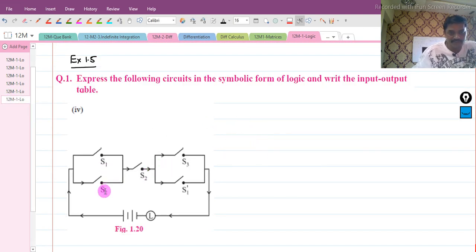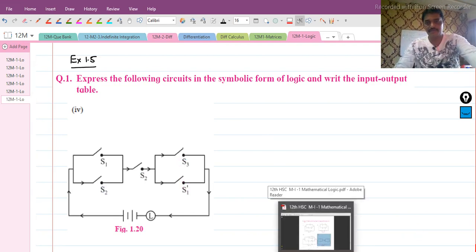So what we see here is S1, S2, S2, S3, S1 dash. So how do we start with that?